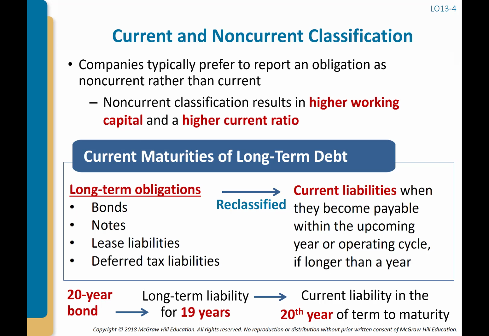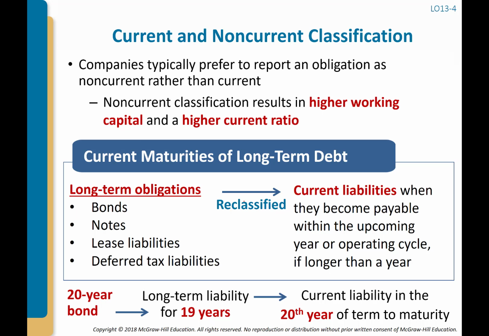Note payable current. Make sense? I promised you it was a boring journal entry, and it is. It's just simply taking it out of the non-current and doing what? Putting it into the current, isn't it? Okay, that's all that happens, okay?